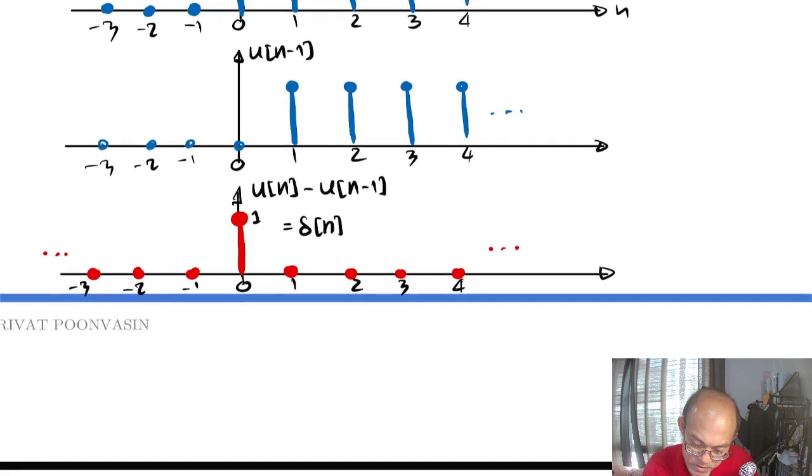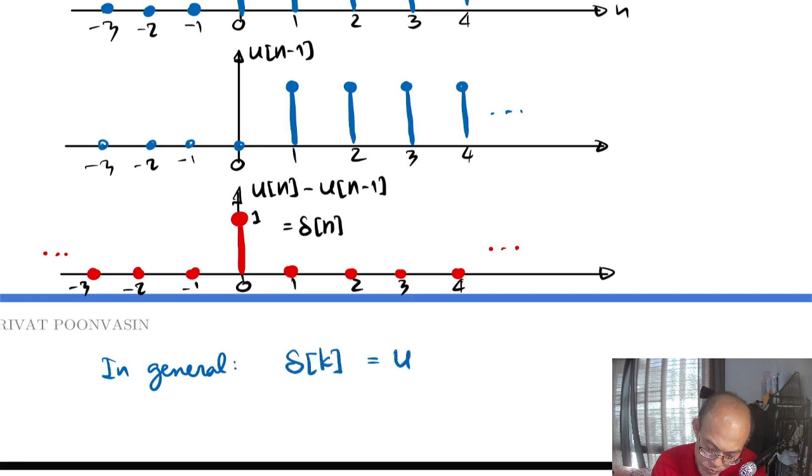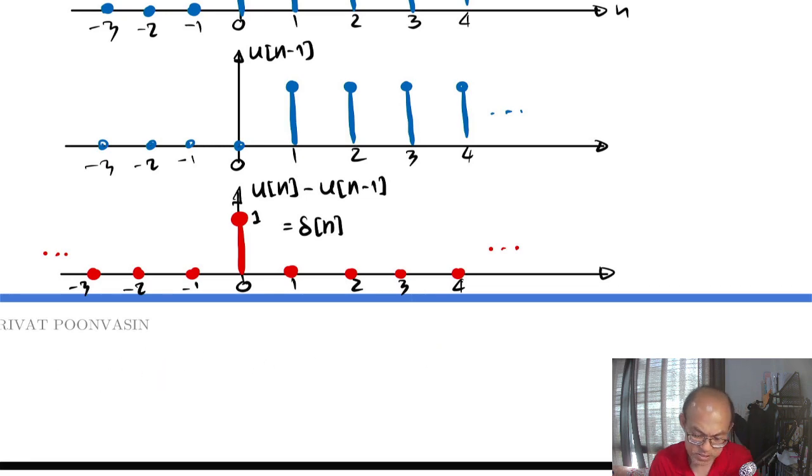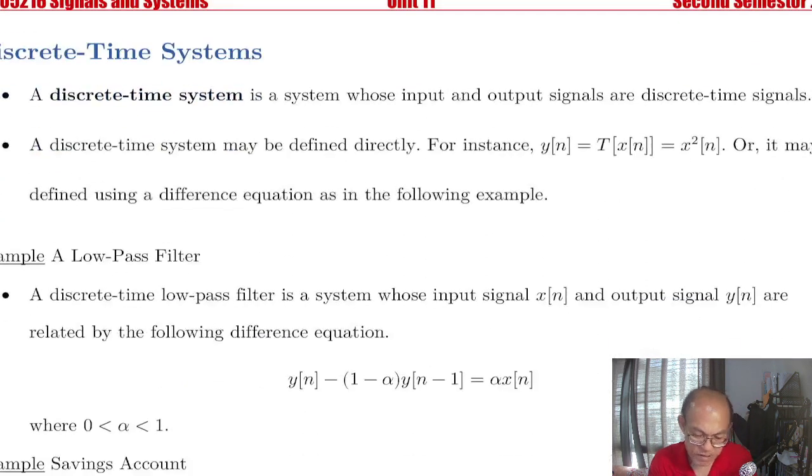In general, delta[k] is u of... no, not general, just this one.